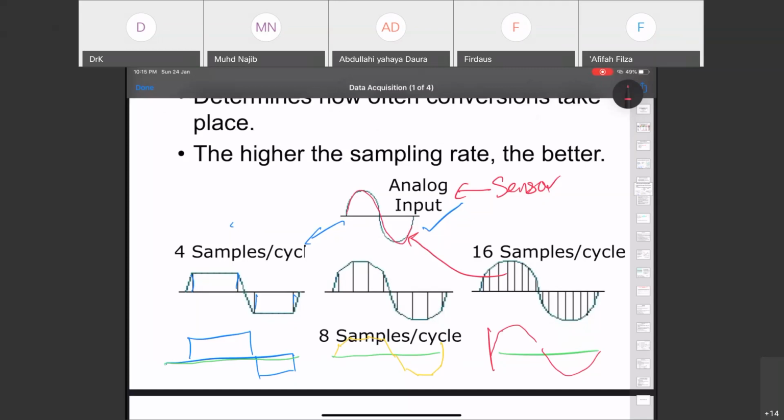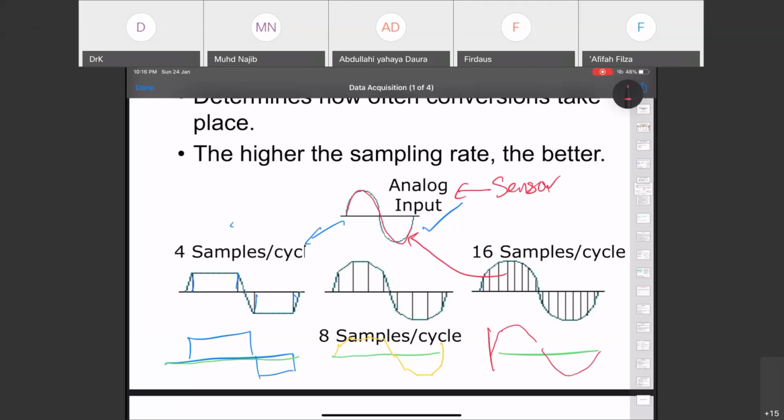But the main idea of A to D is to convert everything into the digital world, so that you can process using algorithms, using programming code, and do mathematical transformations and all that. So it is very important in this process that when you do conversion, the information is preserved, not lost.